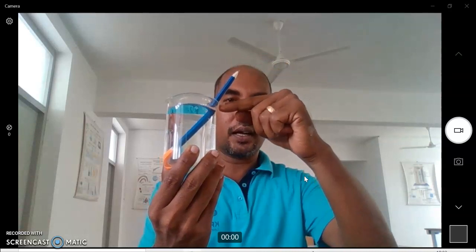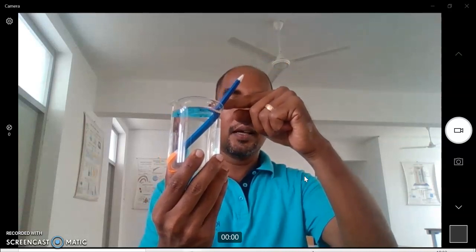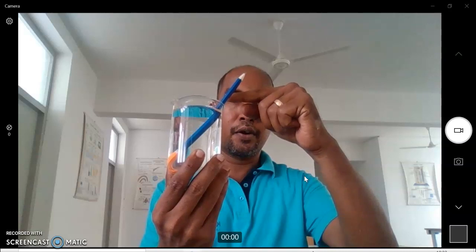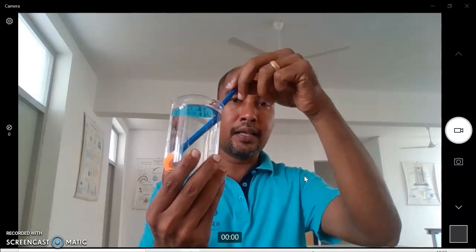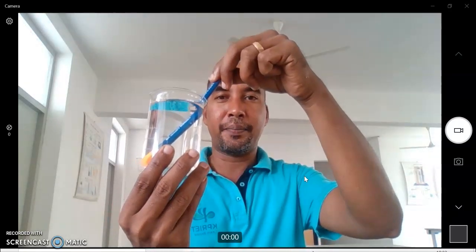Above the water, that is in air medium, it is in another orientation, and when it is dipped in water, we can clearly notice there is some bending. This phenomenon is called refraction.